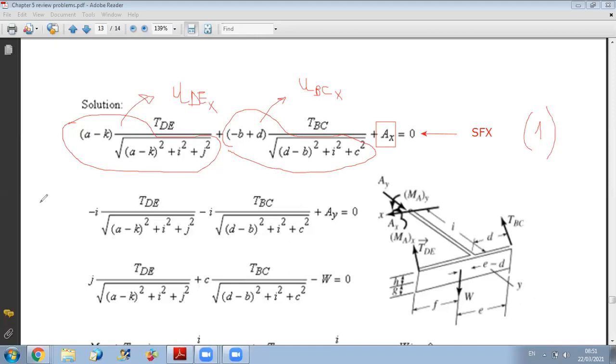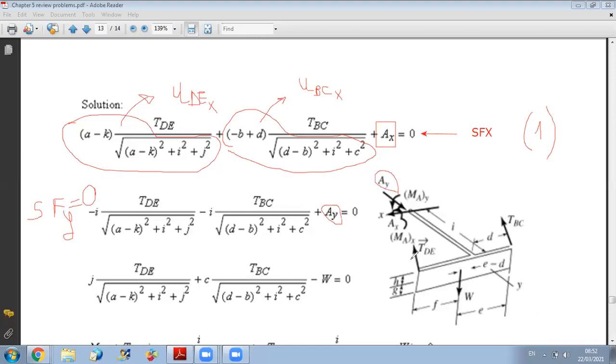Now the second relation will be sum of Fy equals to 0. Okay, now you will also do the same. You will take the y components of each force. So you have Ay first, the reaction. This is Ay. For the weight, no component along x or y, only along z.